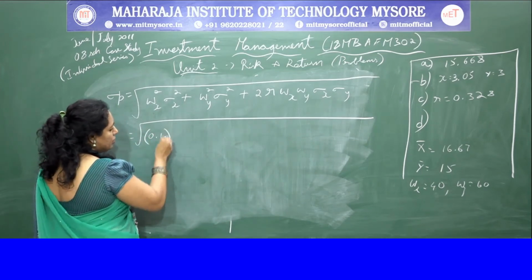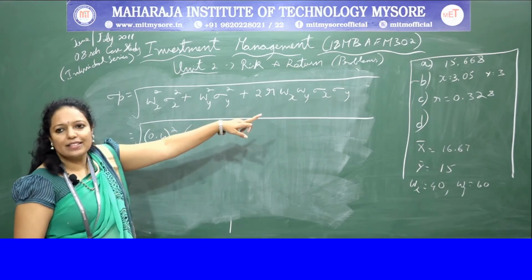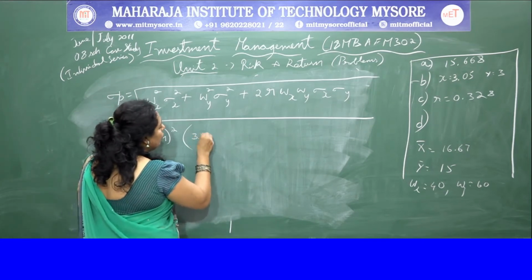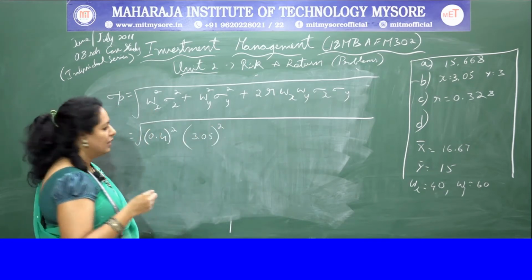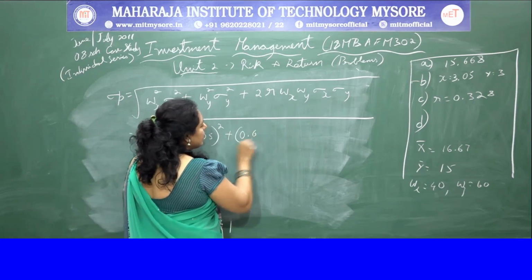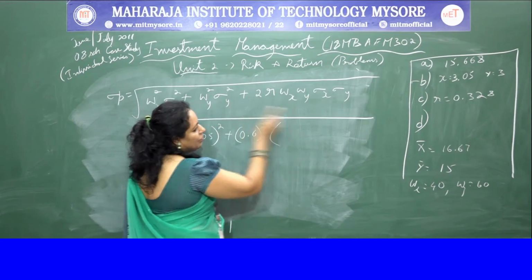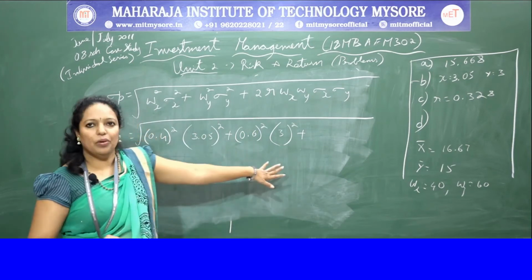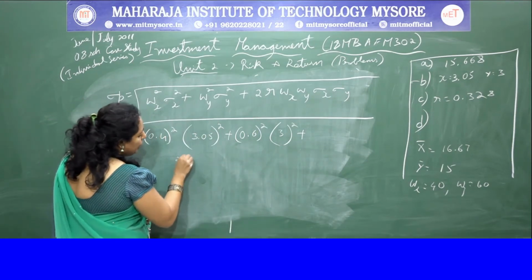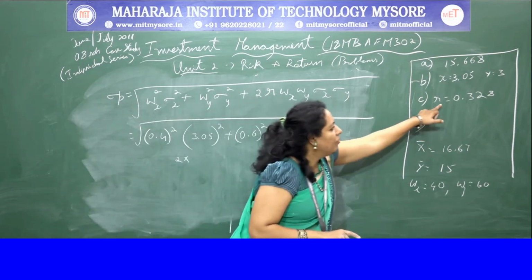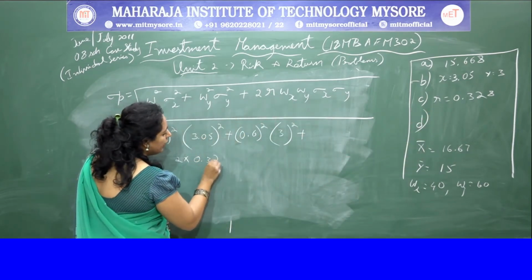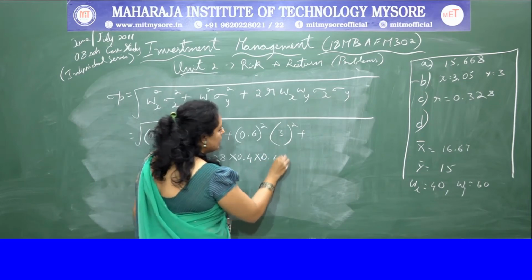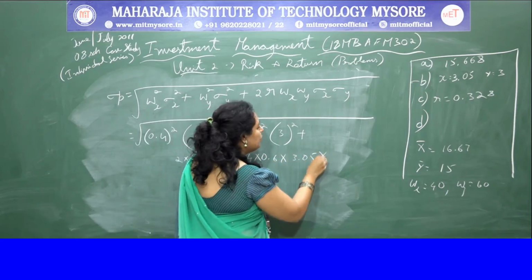So 0.4 square, standard deviation of X is 3.05, so 3.05 square, plus 0.6 square, standard deviation Y is 3 square, plus 2 into R, R is what we have calculated, 0.328 into 0.4 into 0.6 into 3.05 into 3.